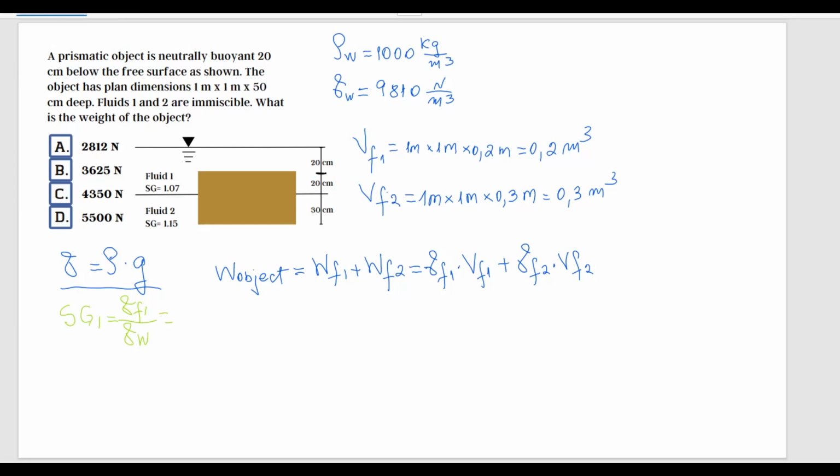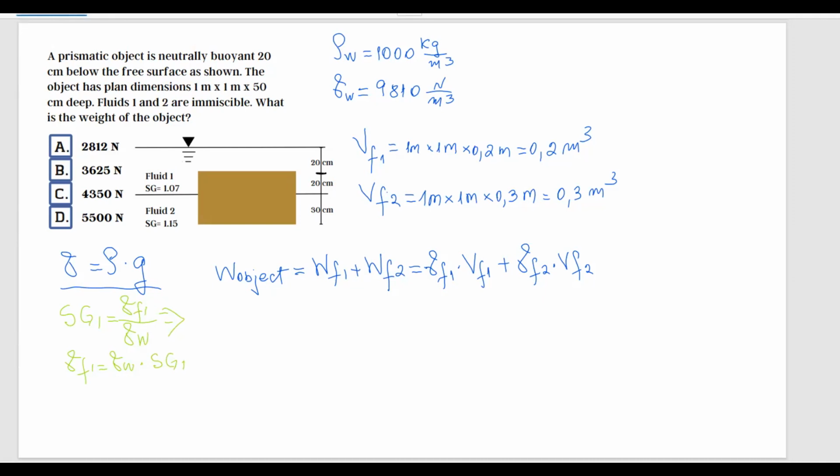And this results in unit weight of fluid 1 equals unit weight of water multiplied by specific gravity of fluid 1.